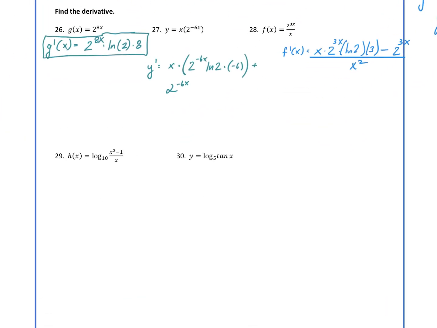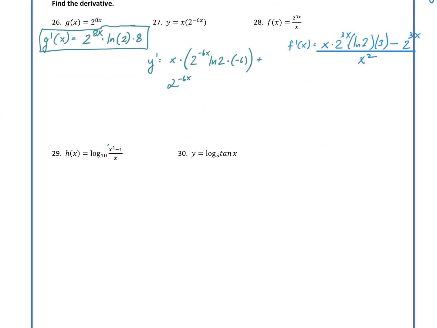For this one, we have log. I think you should expand it, because you're still doing u prime over u. The only difference is we're dividing by ln of 10. But to do u prime, you have to do a quotient rule. So I would expand.